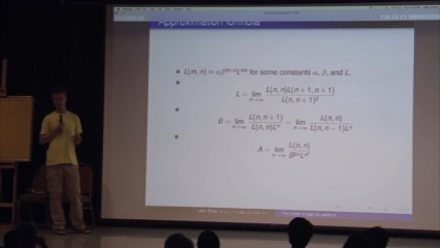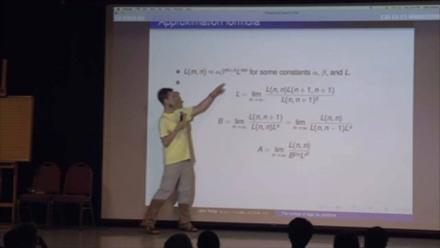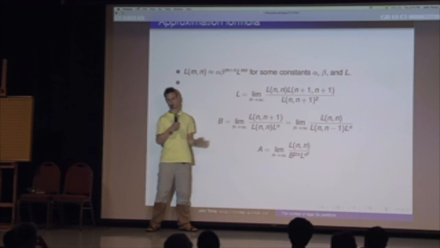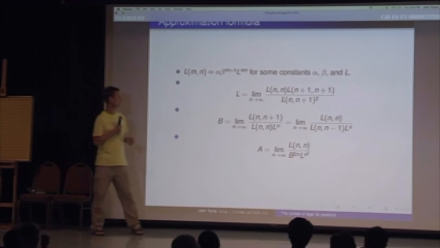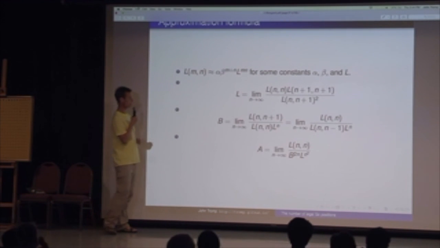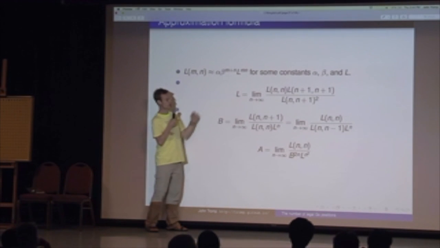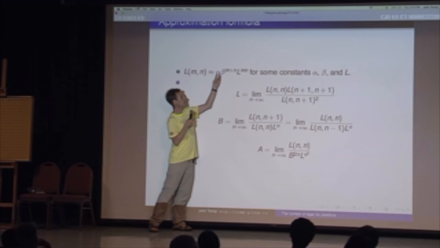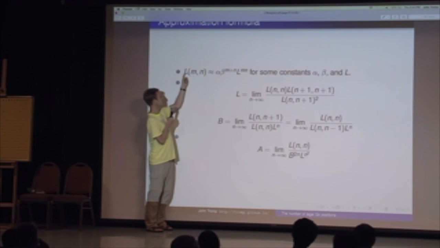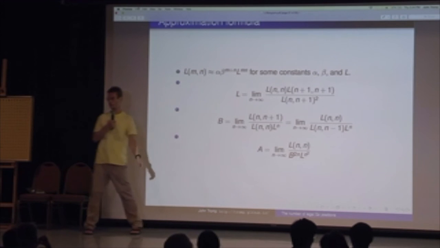But requiring positions be legal makes this constant a little less than 3. It's 2.9 something. And we'll soon see how accurately we can estimate L. So this notation is just saying that if you take this for increasingly large values of m and n, and if you take this and you divide it by this, then that will converge onto the value 1.